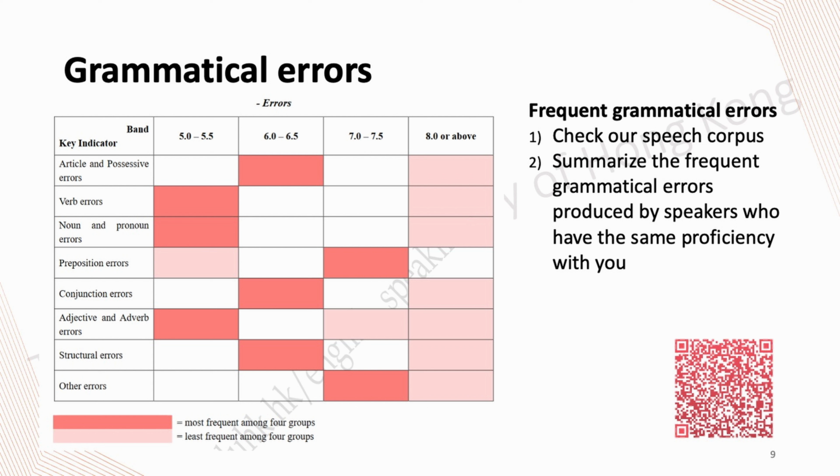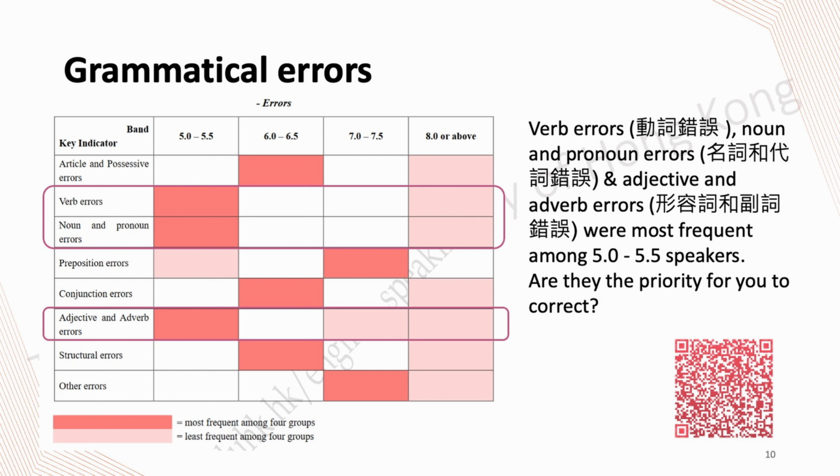We have summarized the frequent grammatical errors found in our speech corpus and categorized them according to their IELTS speaking band score. Verb errors, noun and pronoun errors, and adjective and adverb errors were most frequent among 5 to 5.5 speakers. Paying more attention to these types of errors can then help you improve your speaking performance.